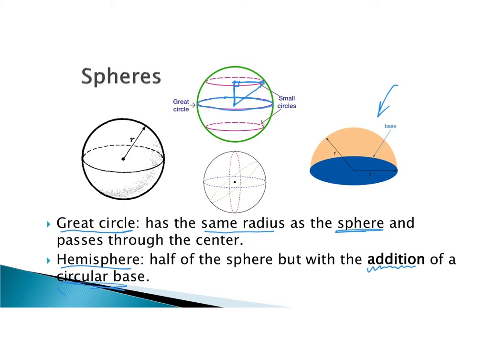And so when you cut your sphere in half, you have to add on a lid of sorts. You have to add on the circular base here at the bottom. And that base is usually the area of the great circle, because you cut it in half, and the only circle that fits that exactly would be the great circle.